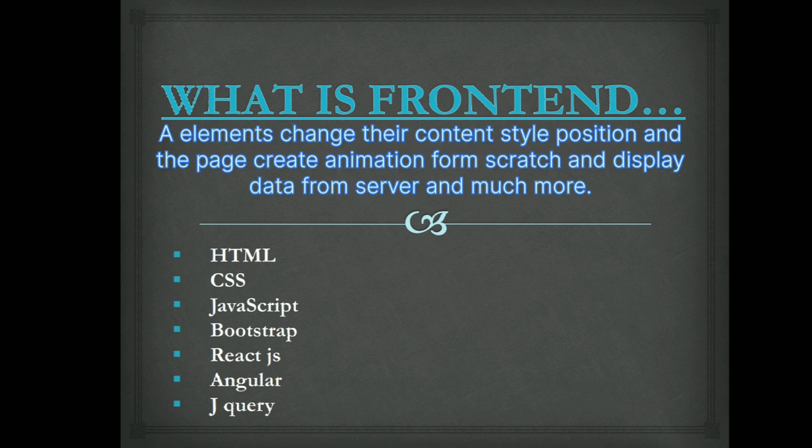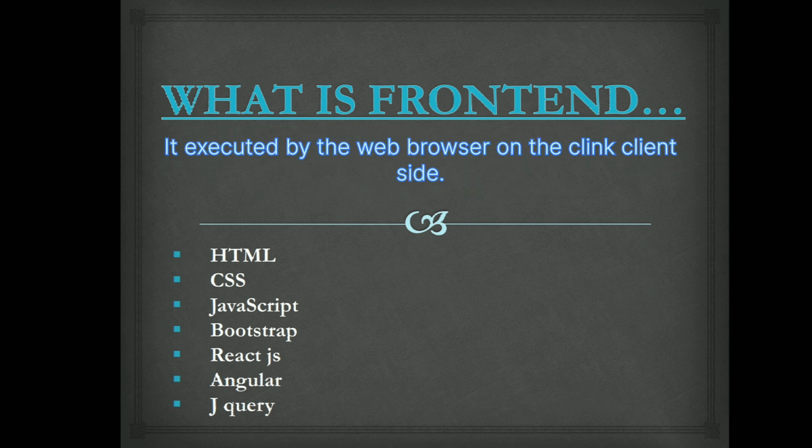It can make HTML elements change their content, style, position on the page, create animation, validate forms, fetch and display data from servers and much more. It is executed by the web browser on the client side, meaning it runs on the user's device.